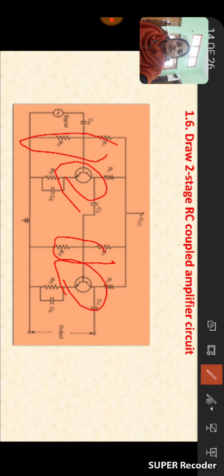What is meant by proper biasing? By making the emitter base junction forward biased and the collector base junction reverse biased, such that the transistor works under the active region. If the transistor works under the active region, the operating point is independent of the temperature variations and other parameters like leakage currents.